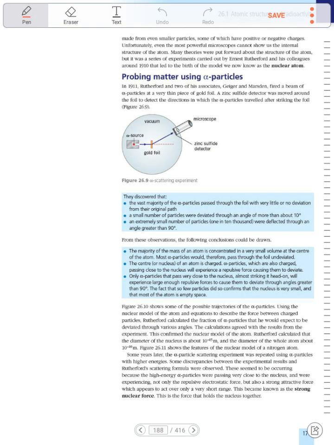Now, we have a famous experiment, the gold foil, where alpha particles from a source pass through the gold foil. Some alpha particles pass directly, some are deflected, and some come back. They discovered that the vast majority of alpha particles pass through the foil with very little or no deviation.